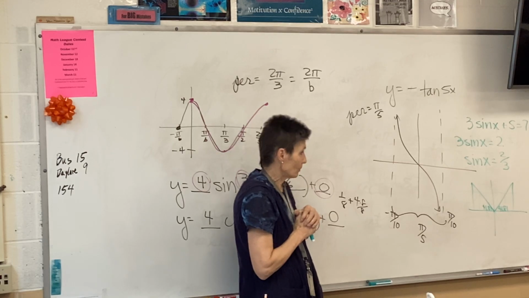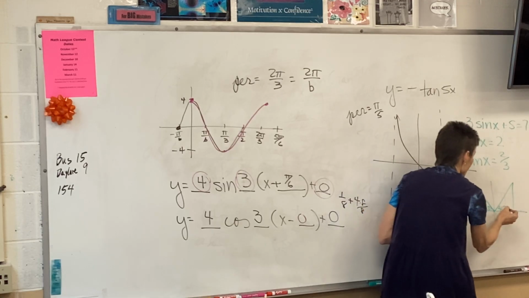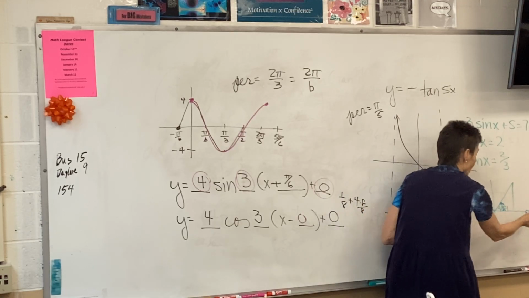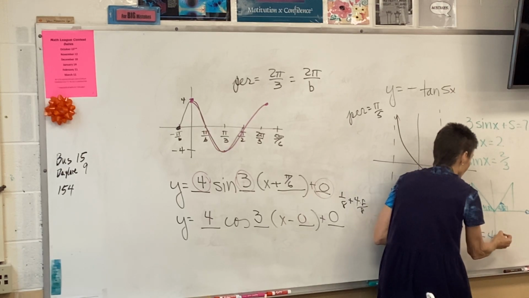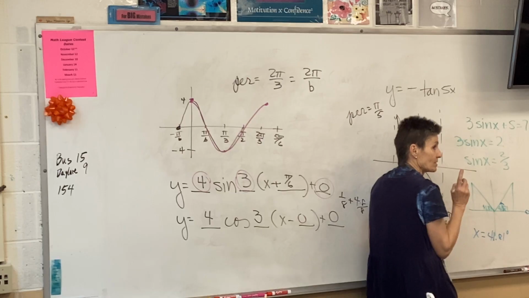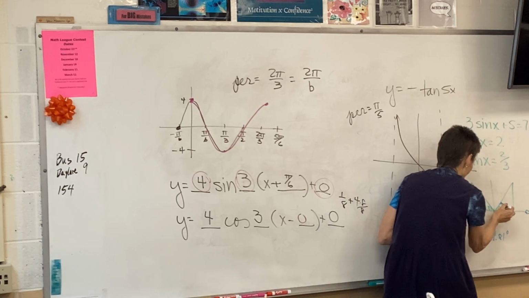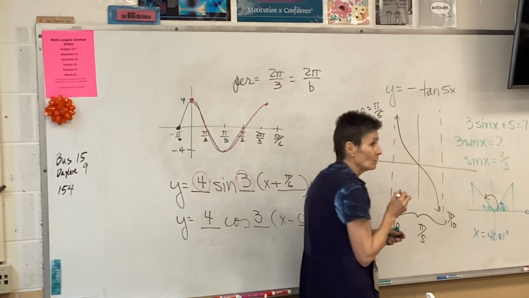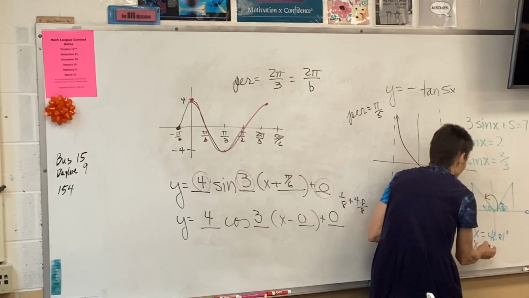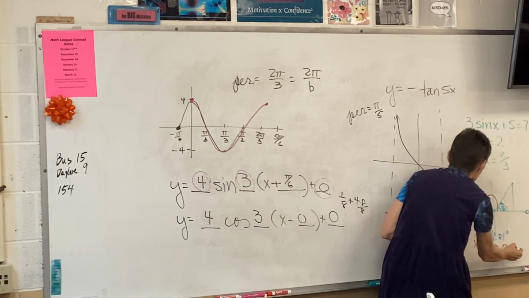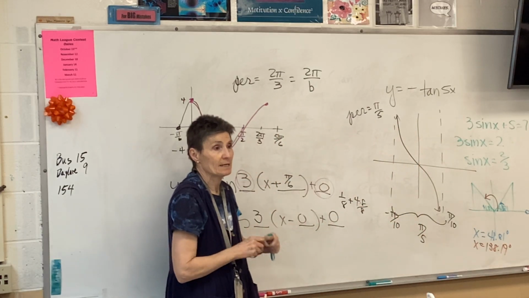Okay, now what are the answers to the question? Be careful. Remember, we start measuring here. So one answer is 41.81 degrees. The other answer is 180 minus that, which would be 138.19. Double check that. That would be your second answer.